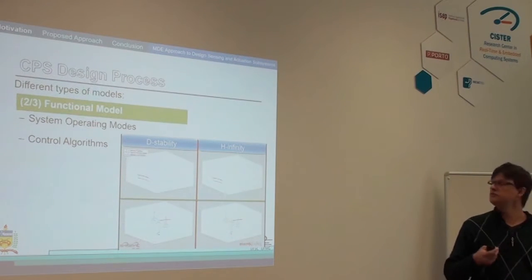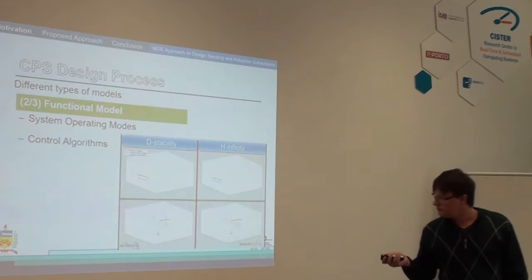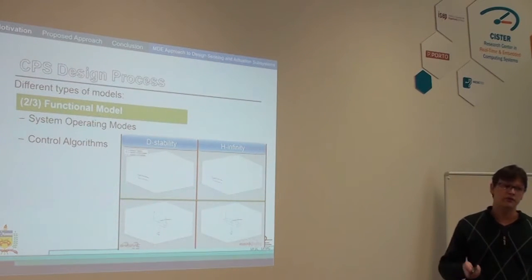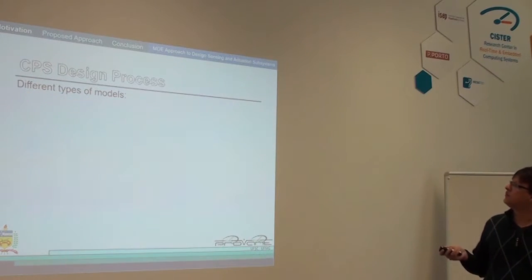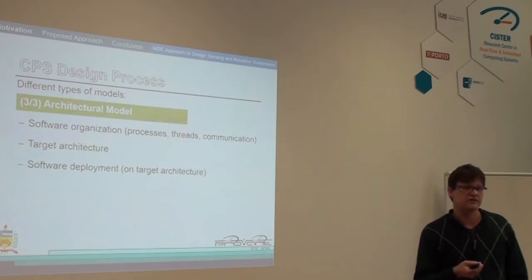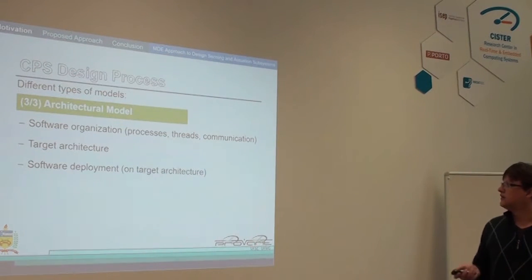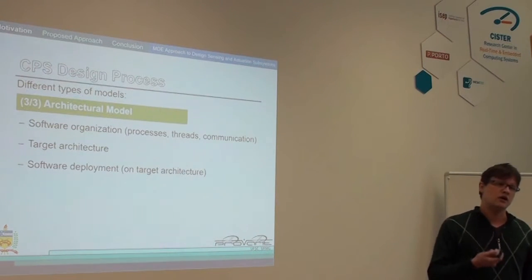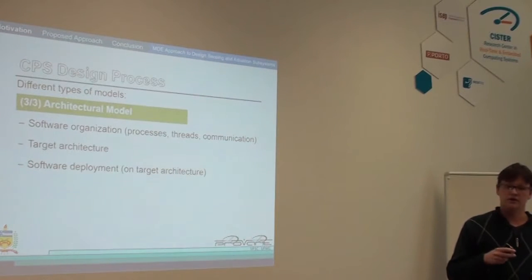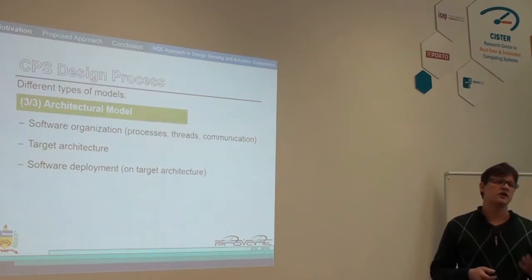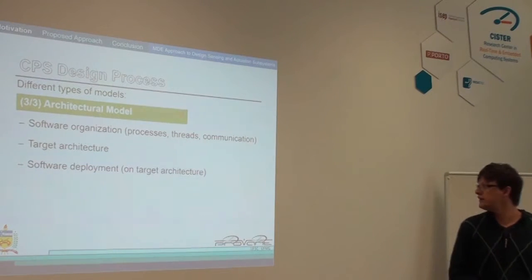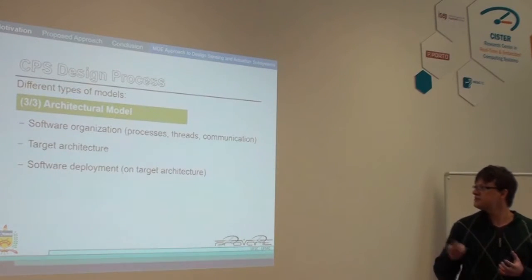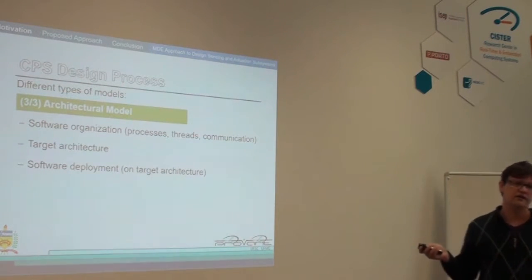And in order to support the control algorithms in the real application, we design a third model that represents the system architecture, where we express the system software, processes, threads, and communication systems integrated with the real devices like embedded platforms and system devices. These characteristics are represented in the architectural model.